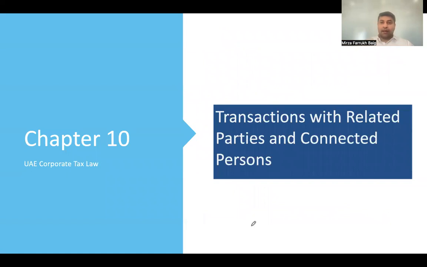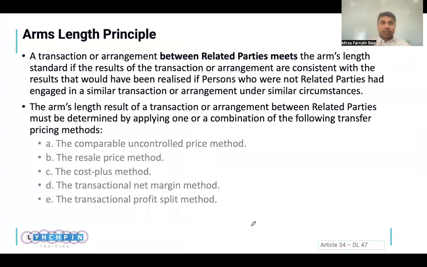Now comes the area where I have transactions with entities which are connected with me. Here I would not be referring only to the qualifying or tax group, but to any transaction with connected persons.